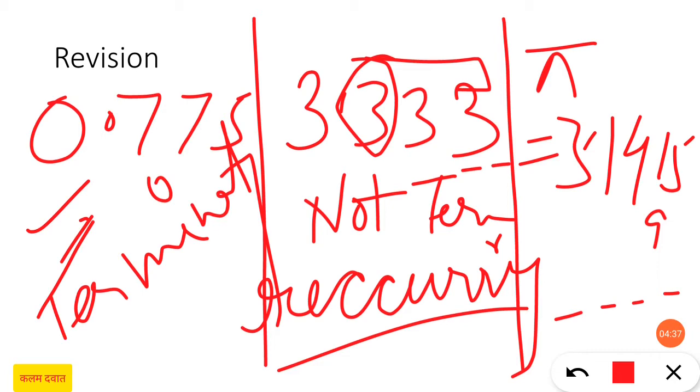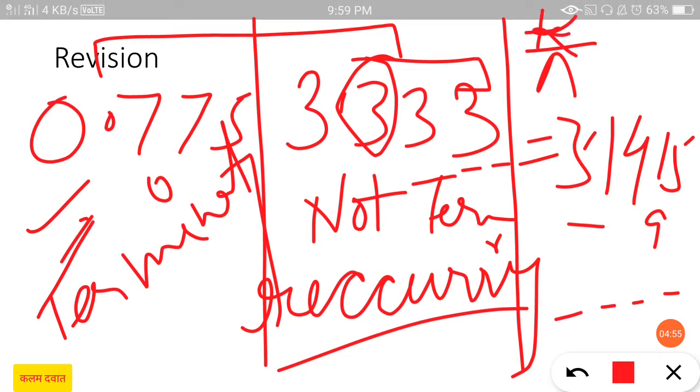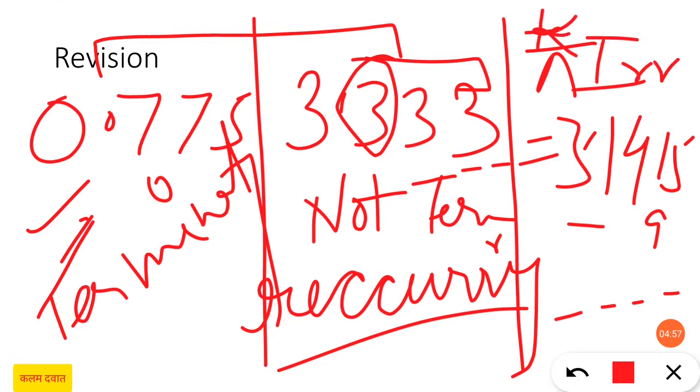And the third type is where in the decimal expansion there is no term that repeats, and it is non-ending, non-terminating. So the first two kinds together are called rationals, and the third is called irrational. This is the category depending upon the decimal expansion.